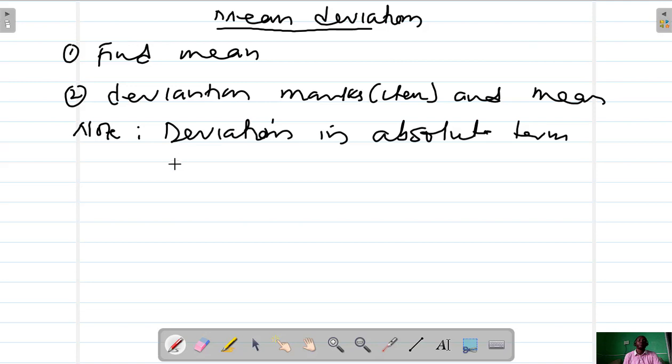When we say absolute, we only want a positive answer, no negative number. So mean deviation is just finding the mean, then subtracting the mean from the marks or the items given, and finding the mean of the result in absolute terms is the mean deviation.